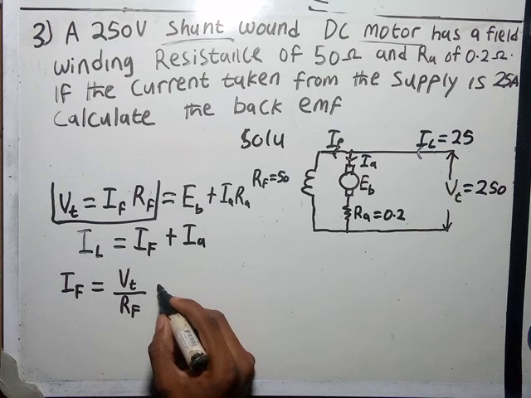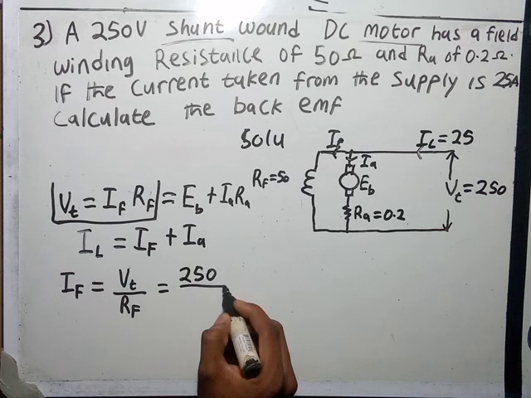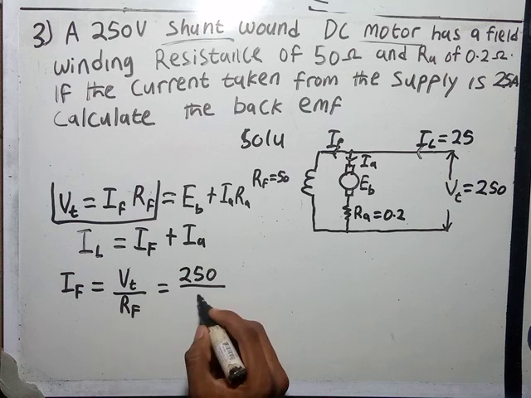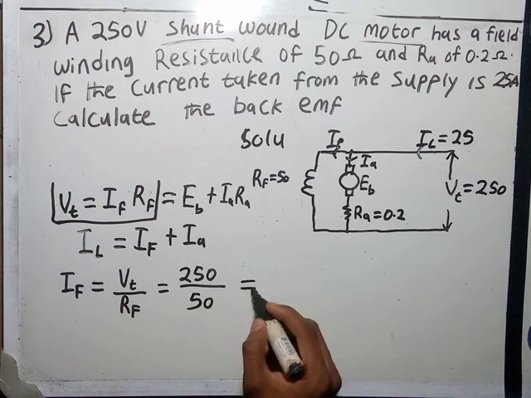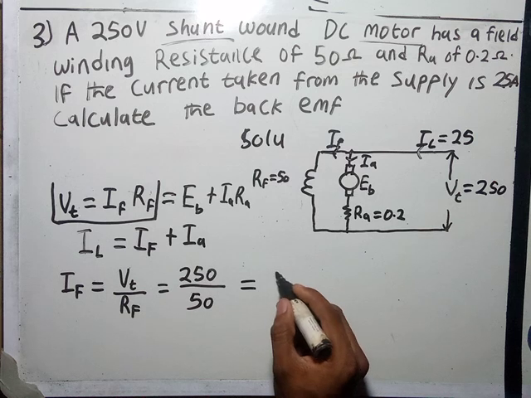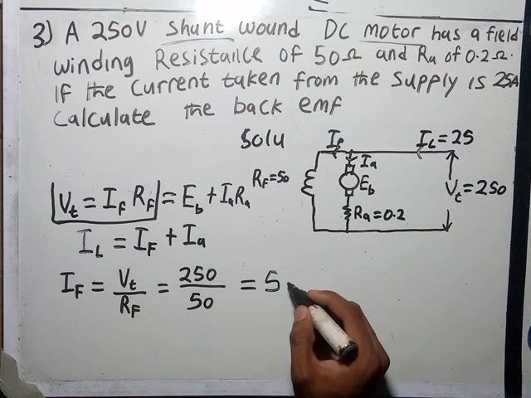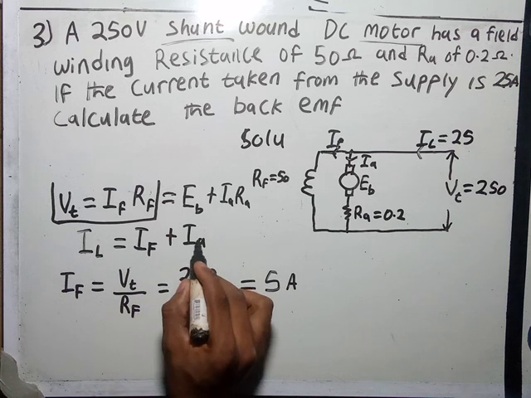VT was given as 250 volts and the field resistance was 50 ohms. When we divide, we are left with 5 ampere. So we have gotten our field current, and we can simply put that here.